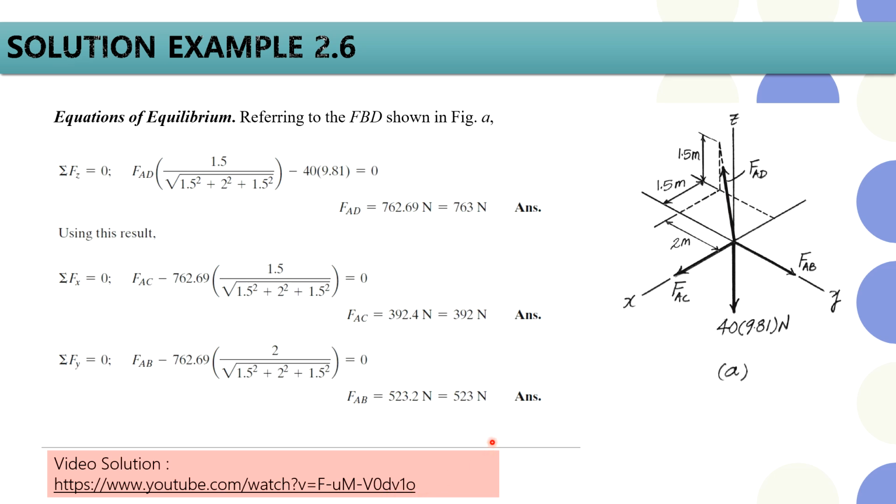Okay, so let's wrap up what we have learned in this chapter. We started by defining equilibrium. The sum of all forces on a particle must equal 0, meaning it stays at rest or moves at a constant velocity.